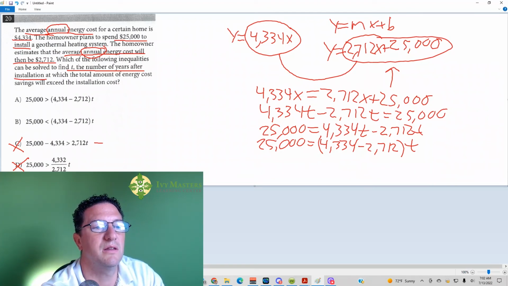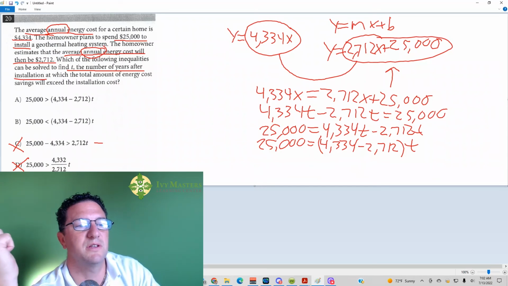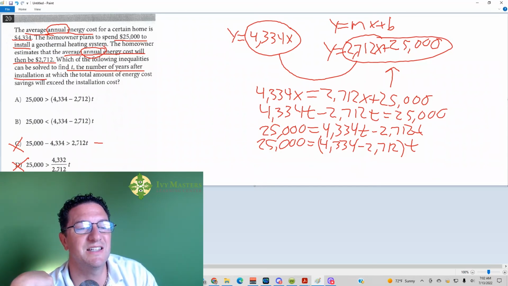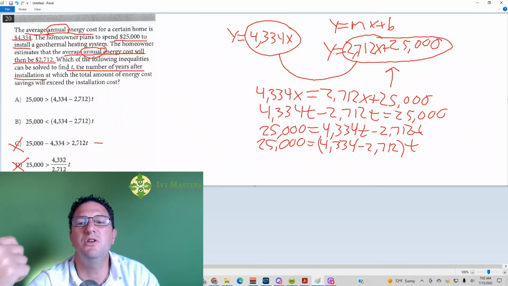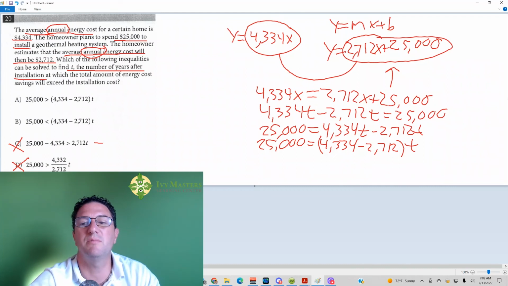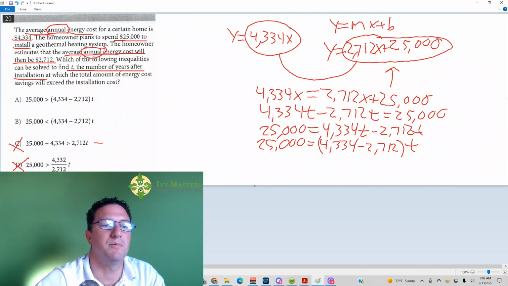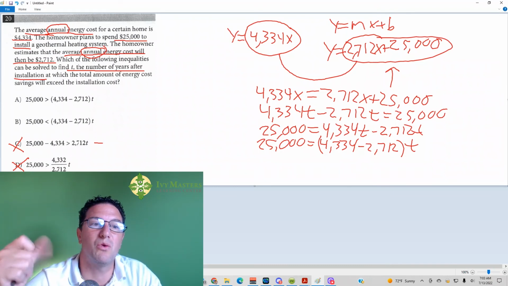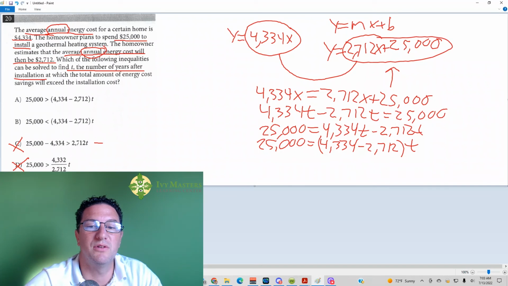So we need the number of years after installation at which the total energy cost savings will exceed the installation cost. You could think, is that going to be in just a few years or in many years? Well, the installation cost is $25,000. So it's not going to be right away that you recoup that $25,000 initial installation cost.